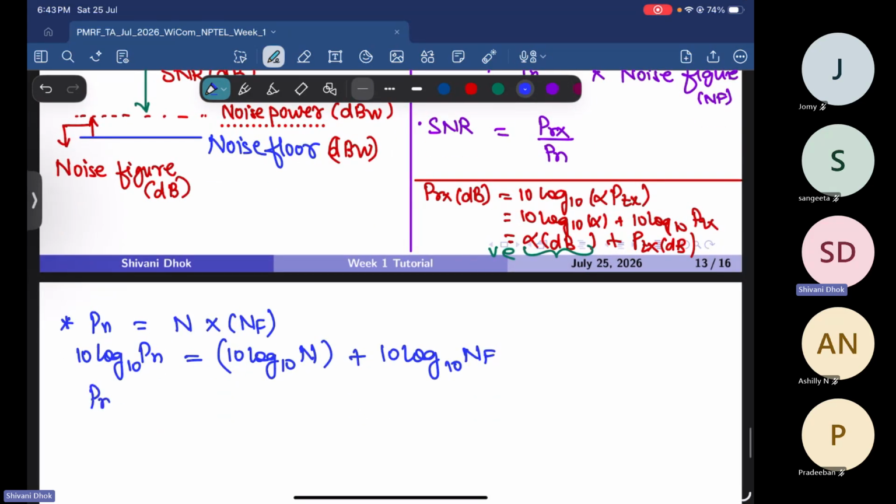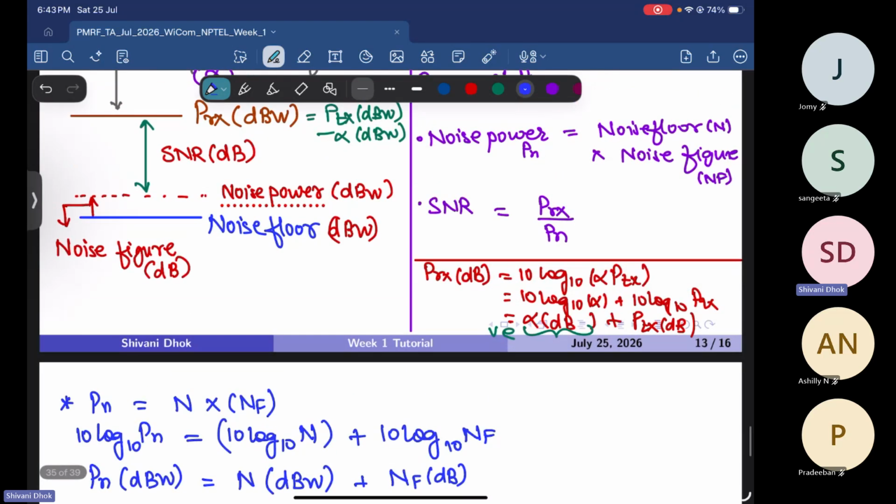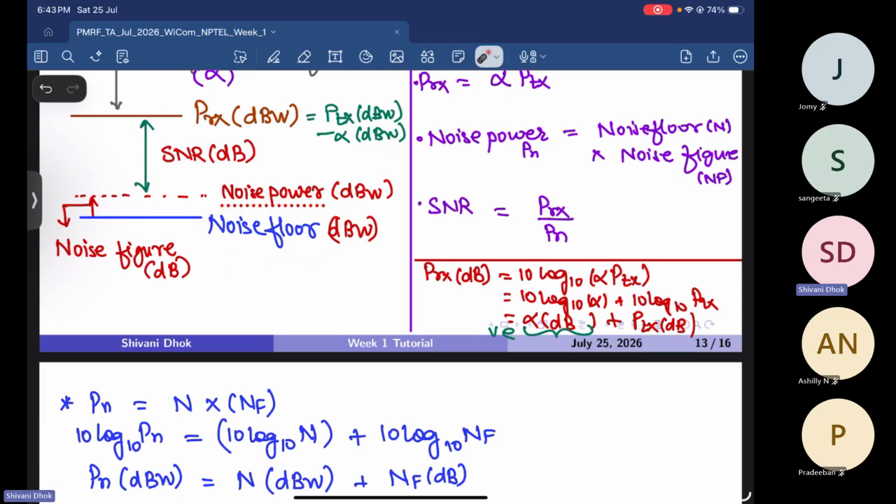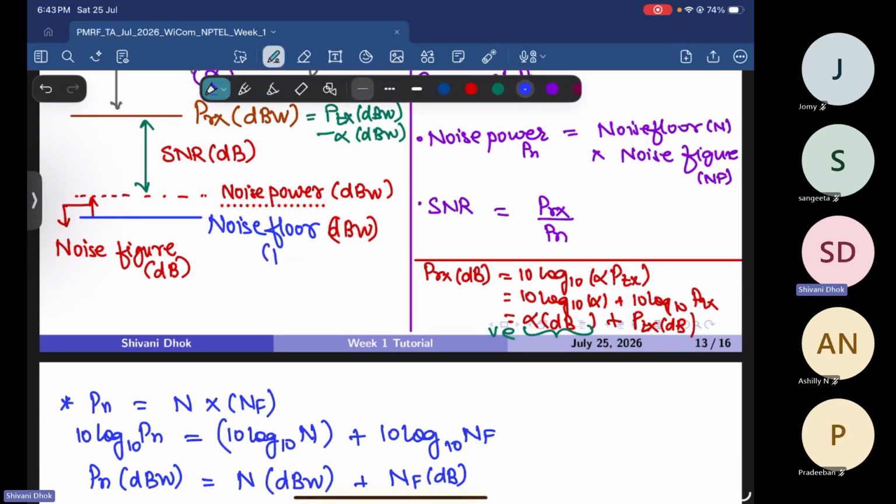So this quantity here, Pn in dBW, will be equal to the noise floor in dBW plus your noise figure, which is a multiplicative gain. So gains are not a power, those are ratios. So this is noise figure in dB. So here you have your noise floor in dBW. Noise floor is what according to our notations? That is your N. Then this gap enhancement is your NF, and here what you get is noise power, which is Pn.